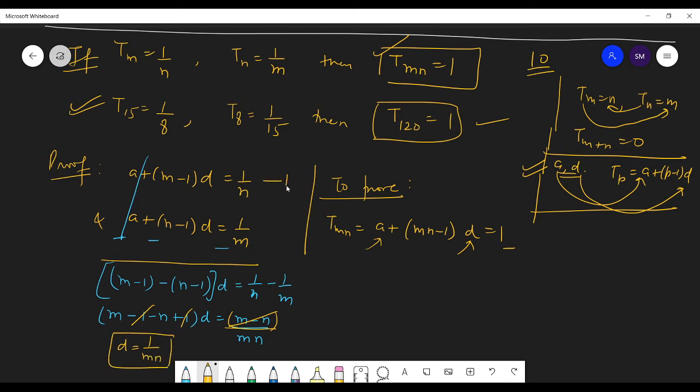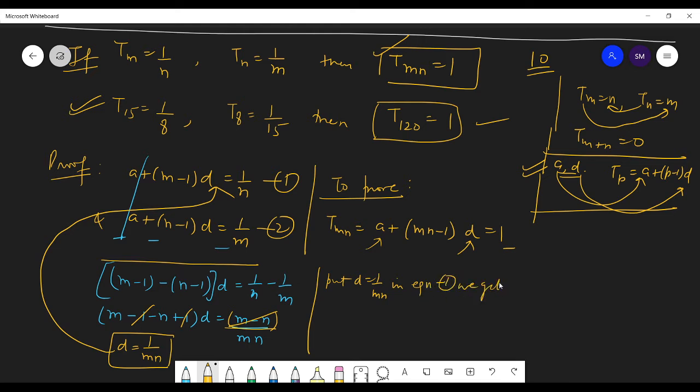Now this was your equation 1, this was your equation 2. So put the value of D in equation 1. So what do you get? Put D is equal to 1 upon MN in equation first.